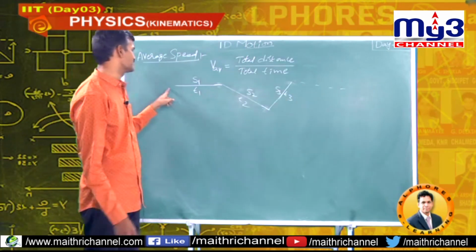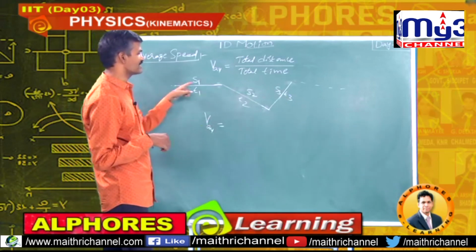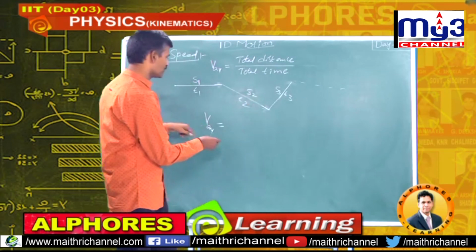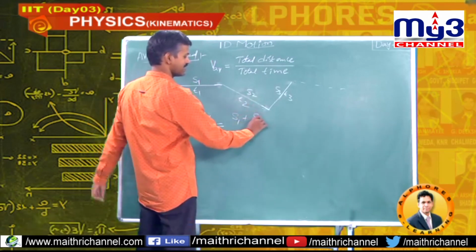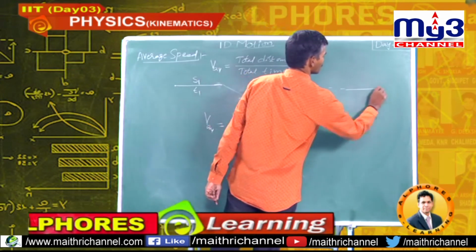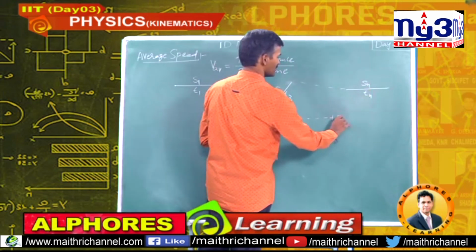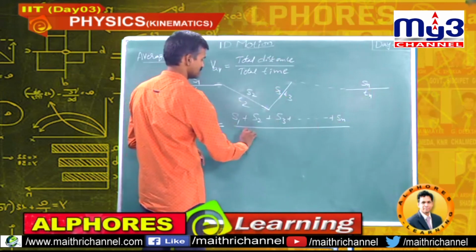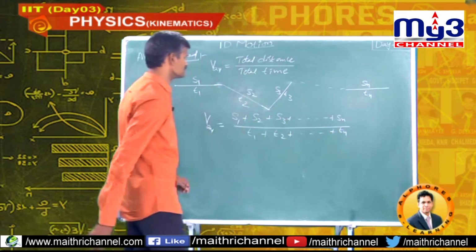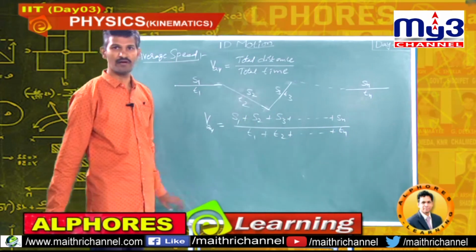The average speed is the total distance travelled by the body, S1 plus S2 plus S3 and so on plus Sn, divided by the total time, T1 plus T2 plus and so on plus Tn. With this formula we can calculate the average speed of a particular body or particle.